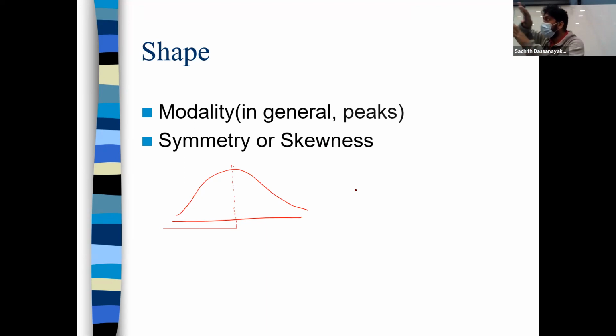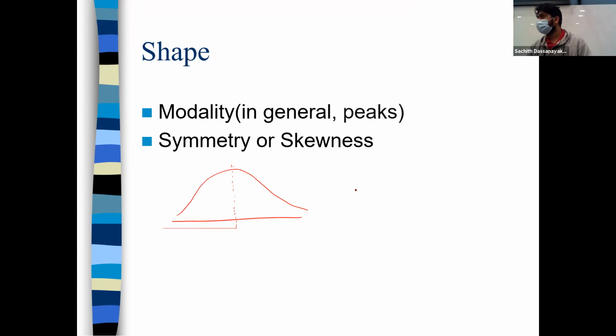Not everything, only the peak goes to this side or this side, then we call it skewed. There are a few pictures in this slide, so I'll show you that. Clear?